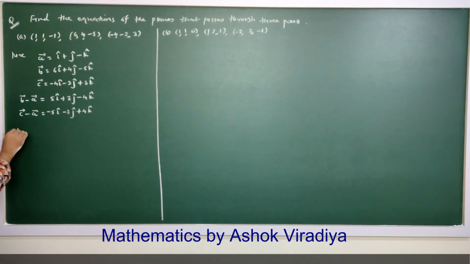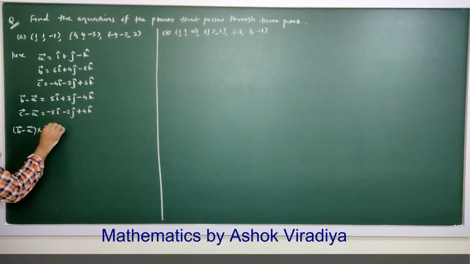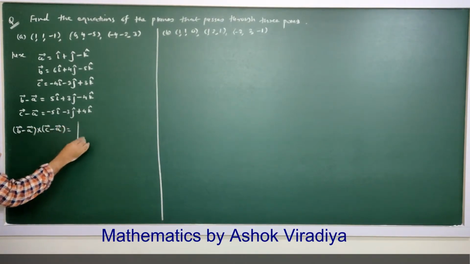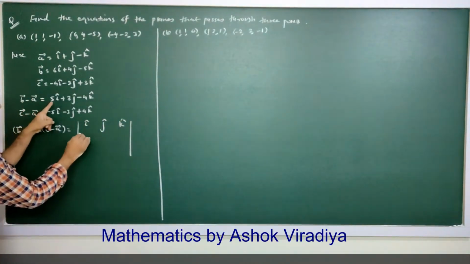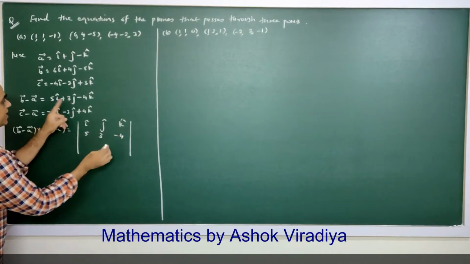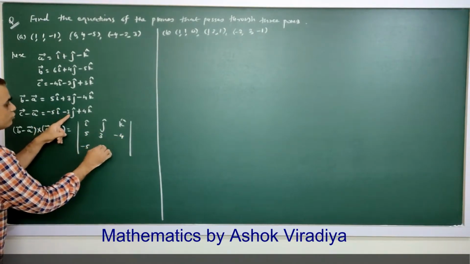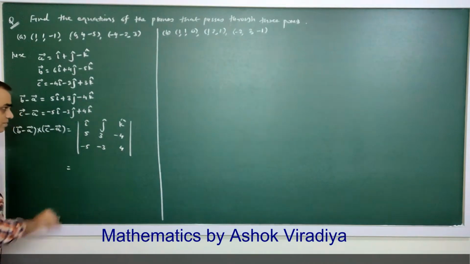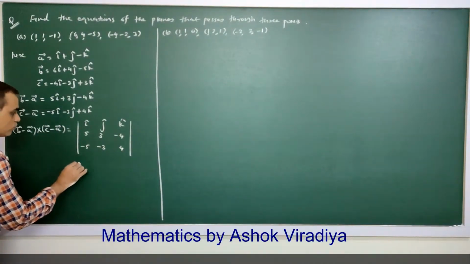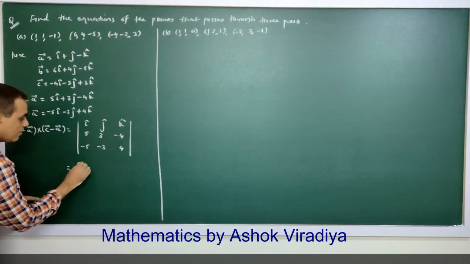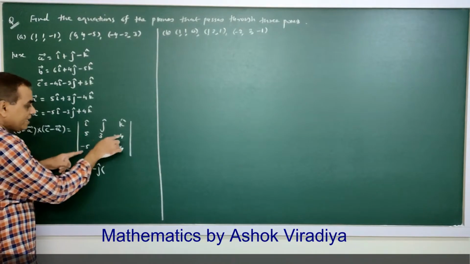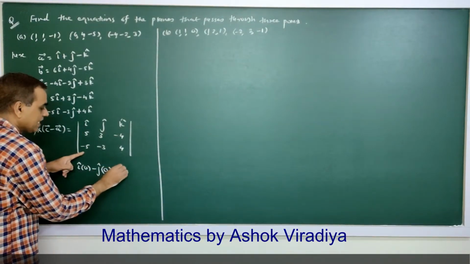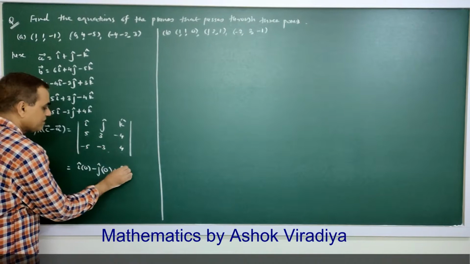Now see, if we find the cross product of these vectors, then it will be i, j, k. Look here: 5, 3, minus 4, and minus 5, minus 3, 4. So i into 12 minus 12, that is 0, minus j into 20 minus 20, 0, plus k into minus 15 plus 15, that is 0.